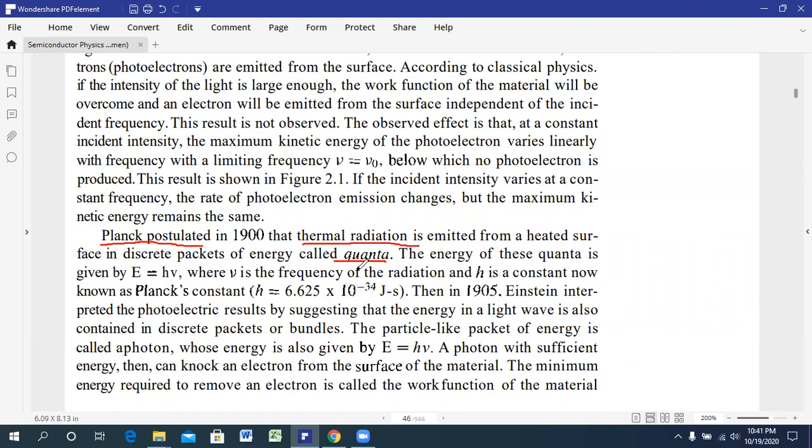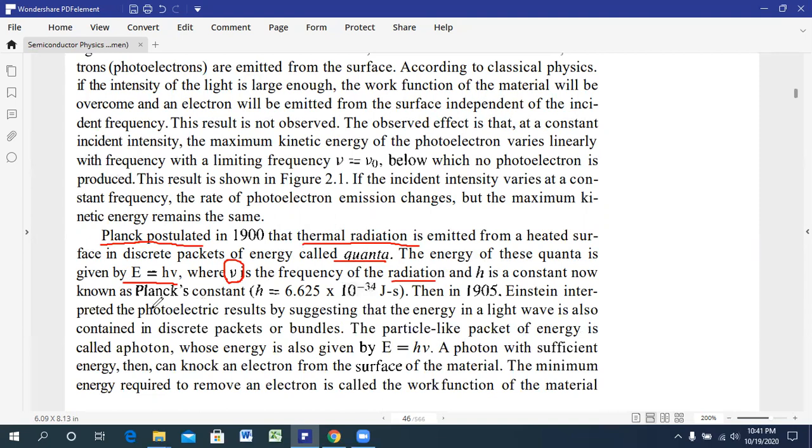If this question comes in your exam, what is called quanta, all of you should answer this. The energy of this quanta is given by E equals h nu, where nu is the frequency of the radiation and h is Planck's constant.